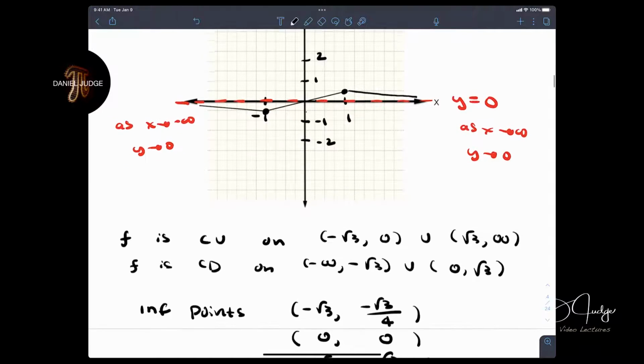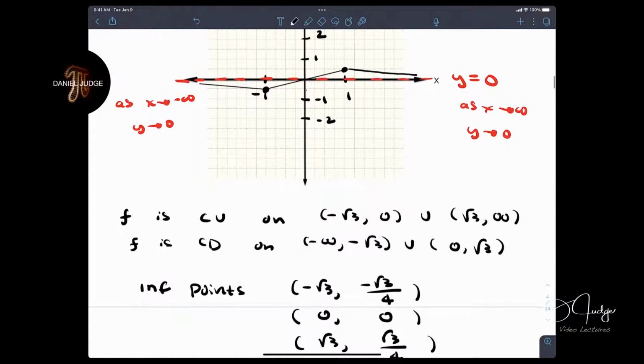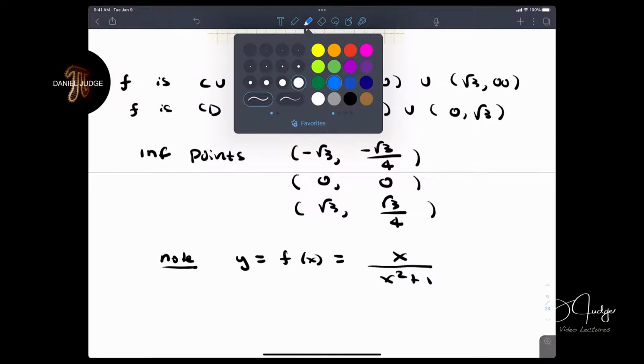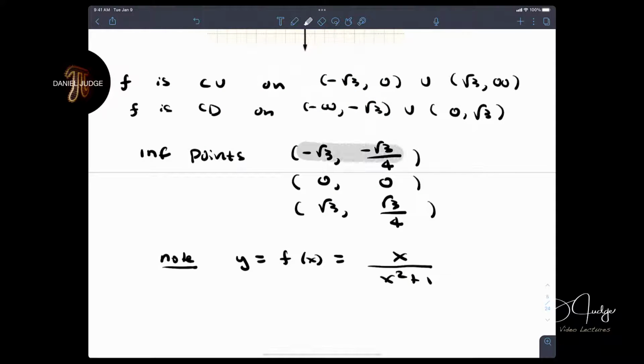Okay, now we're going to look at this concavity situation, holding water, not holding water. These inflection points are going to be meaningful for us. At minus square root of 3, that's about 1.7. And minus square root of 3 over 4, ladies and gentlemen. So you're going to divide 1.7 by 4, which is about 0.4.